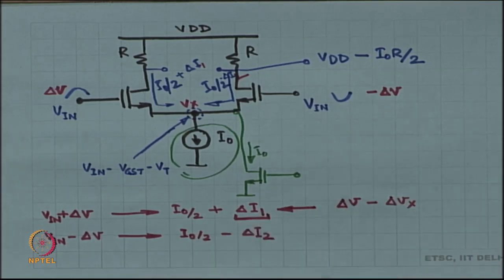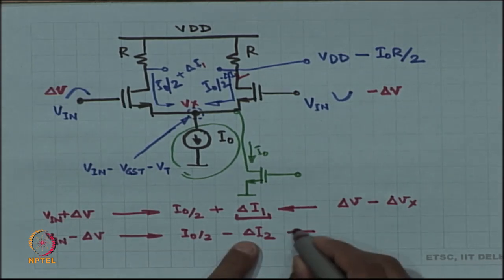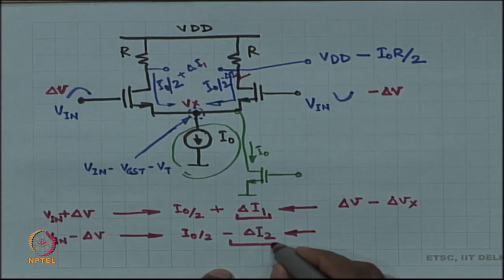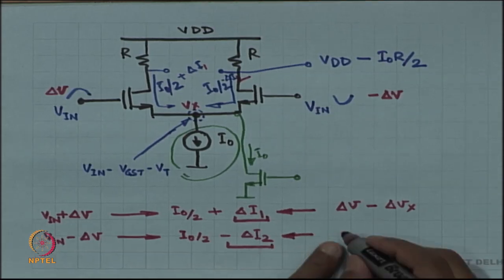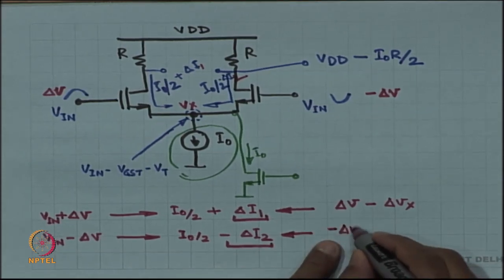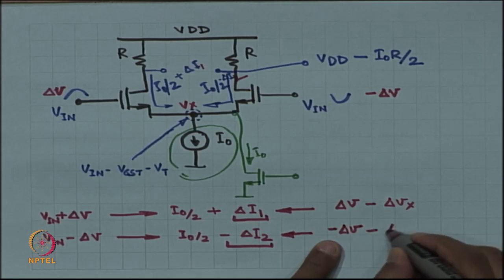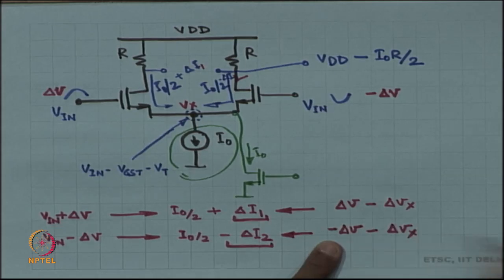This created delta I1. Okay. And minus delta I2 is the incremental change caused by minus delta V and the source voltage changed by delta Vx.